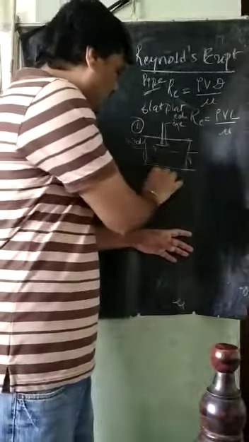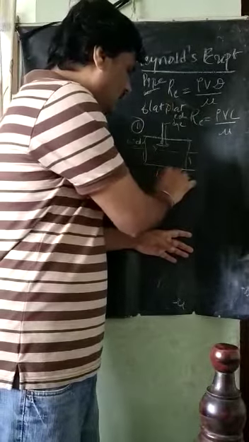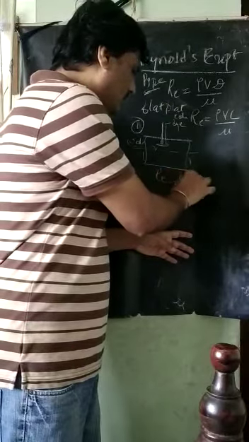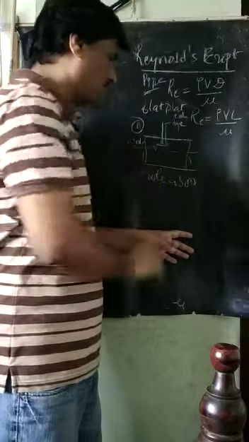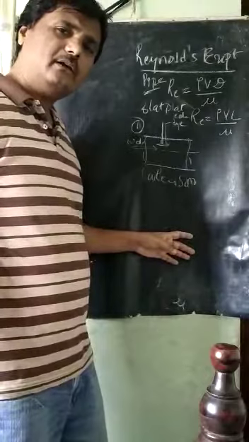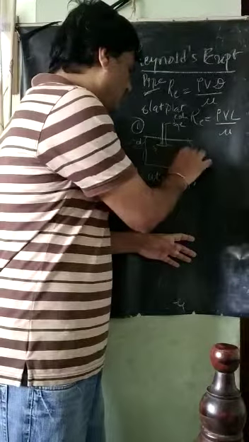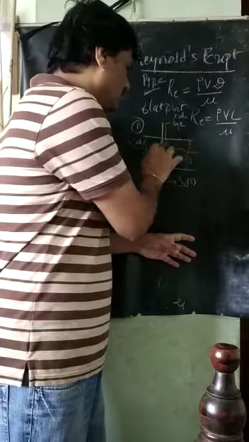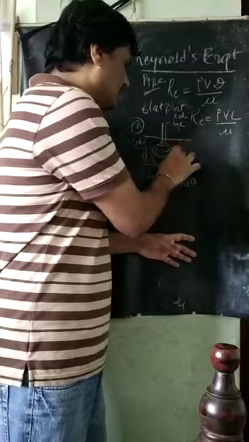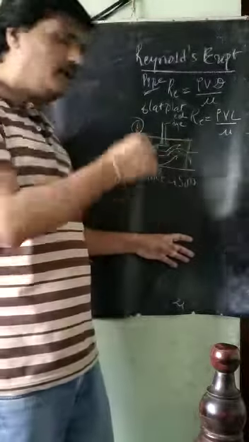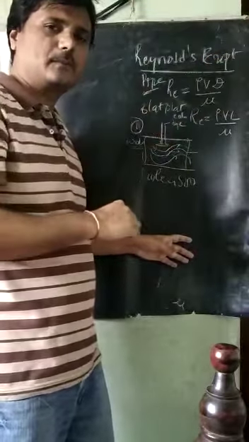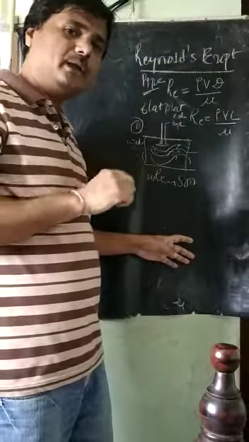When the Reynolds number is somewhat about 500, somewhat less, what kind of flow did he observe? All fluid particles are moving almost in the same direction, like this. No random movement is observed.